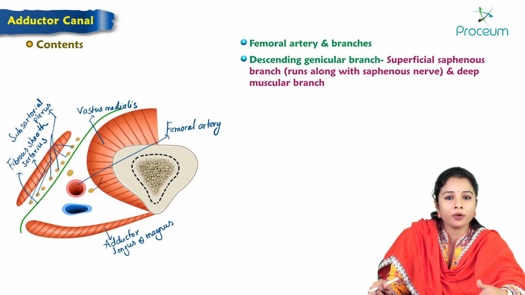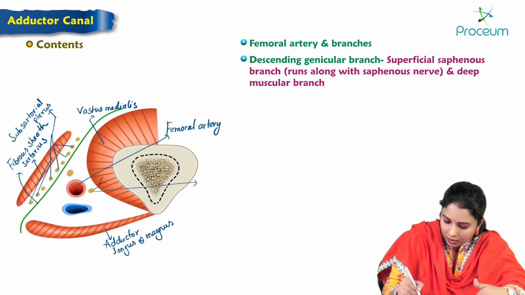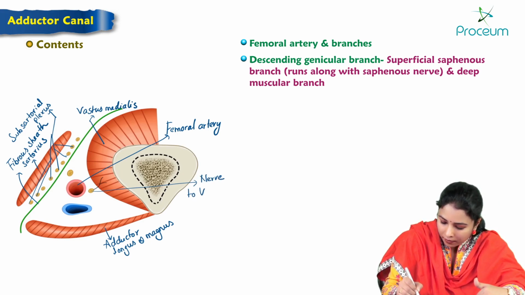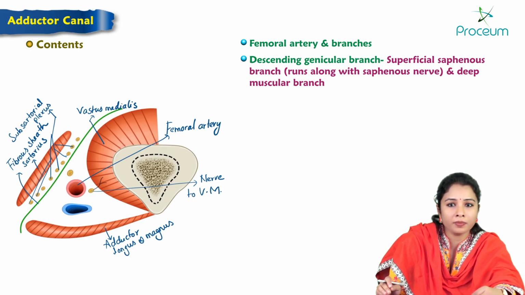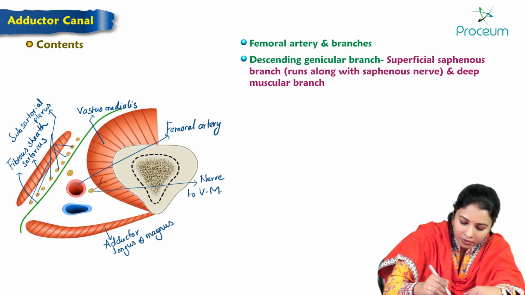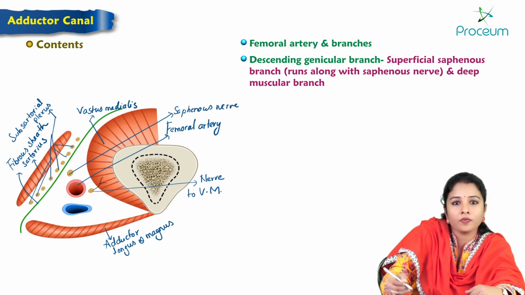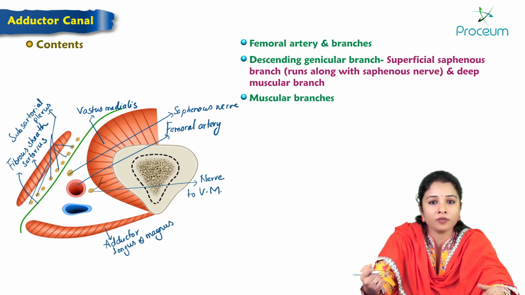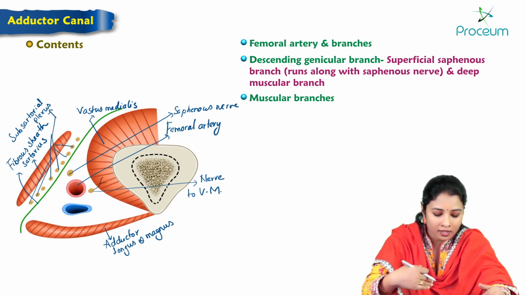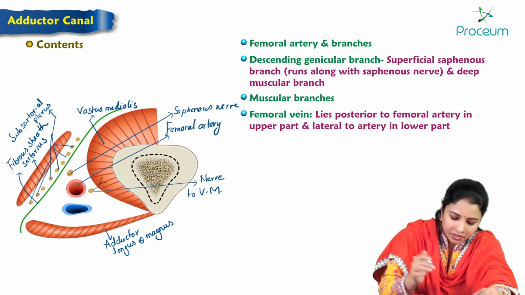Then the nerve to vastus medialis, the descending genicular branch, and the superficial saphenous branch, which runs along the saphenous nerve. We can also see some muscular branches supplied by different nerves. Then the femoral vein, which lies along with the artery.